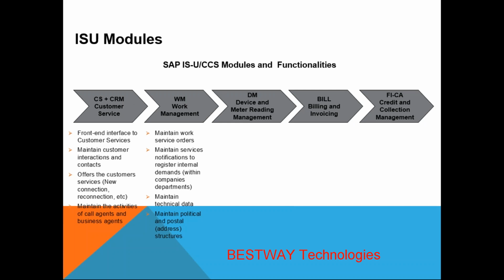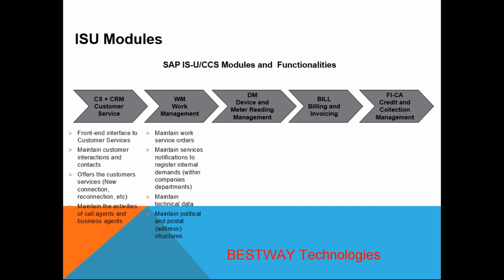Any communication to the technicians or field staff is called service orders. Let's say move-in is one service order, move-out is one service order, meter read is one service order, disconnection is one, reconnection is one, right?